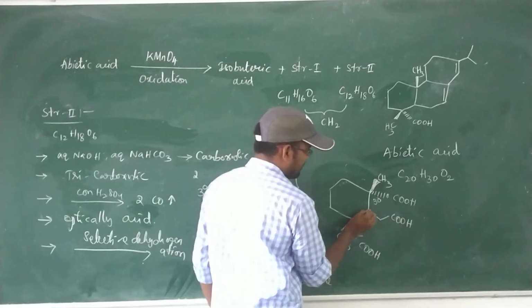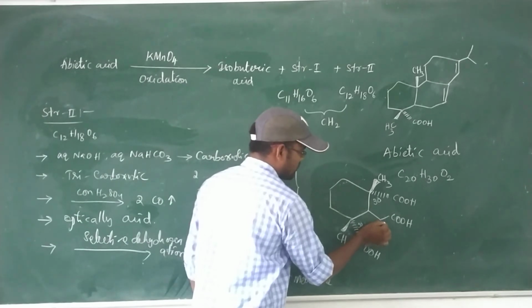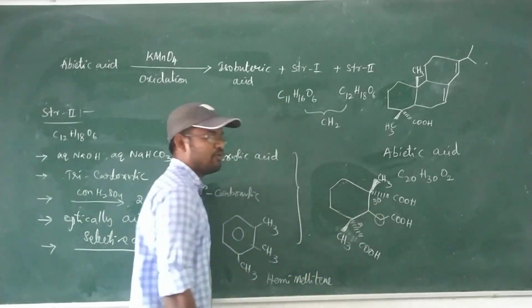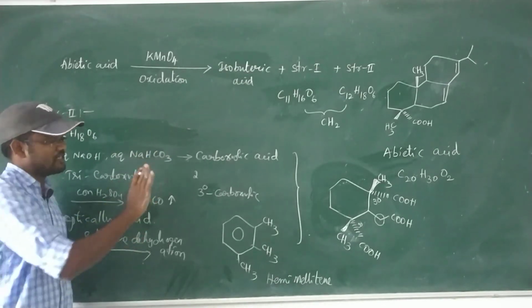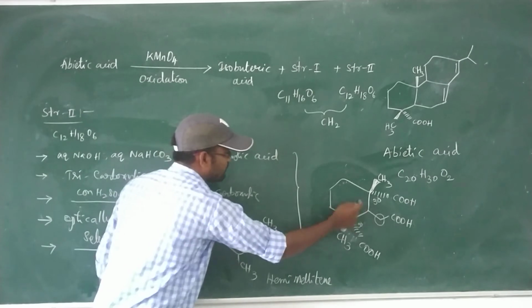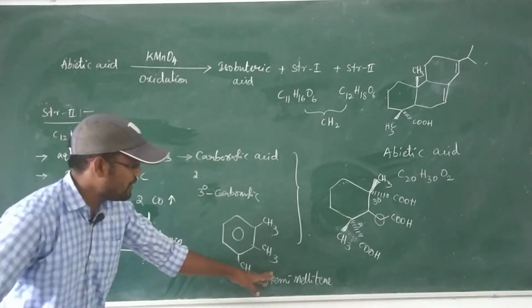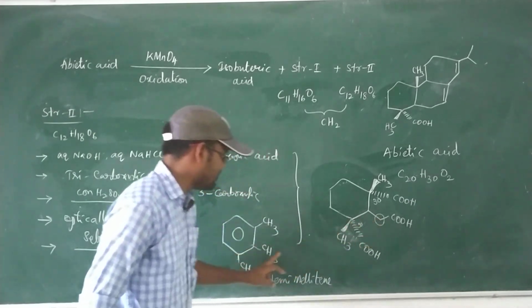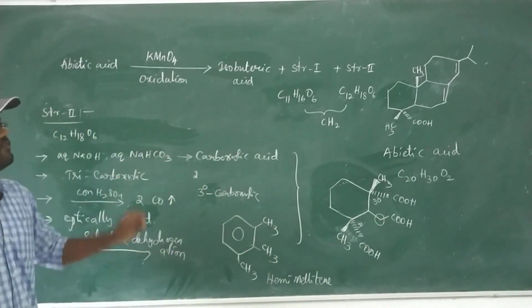In between the ring and the carboxylic there is a CH2. So the CH2 difference is the only difference between structure 1 and structure 2. Due to having a CH2, when structure 2 undergoes selective dehydrogenation, it gives hemimellitene. Simply, CH2 is converted into CH3 in this process. So this is the information of structure 2.